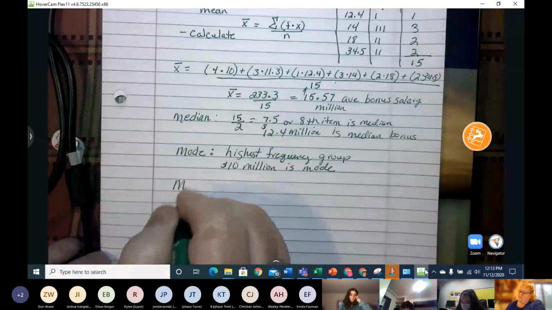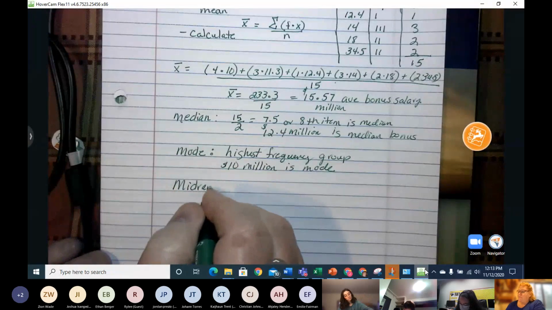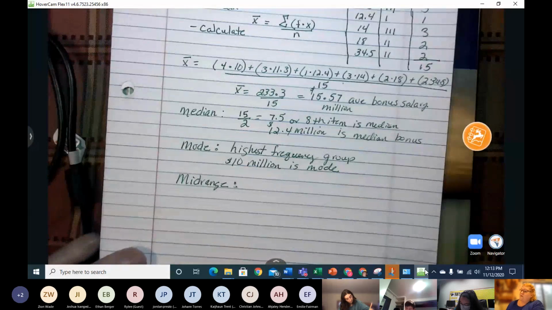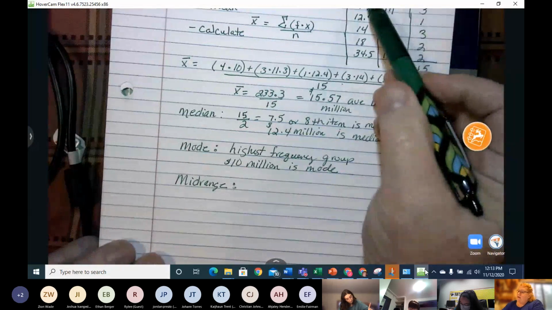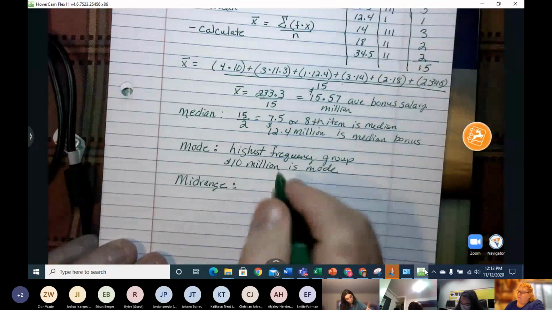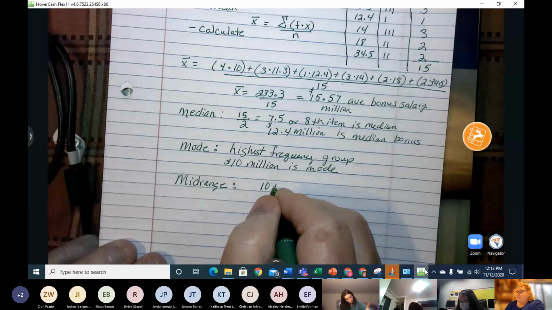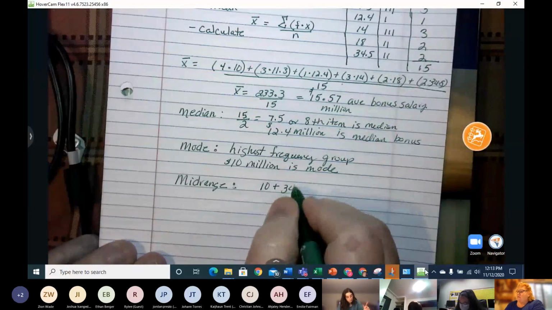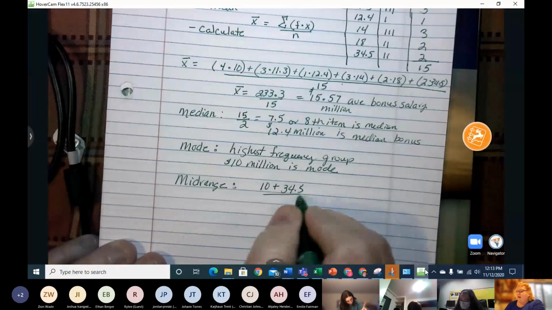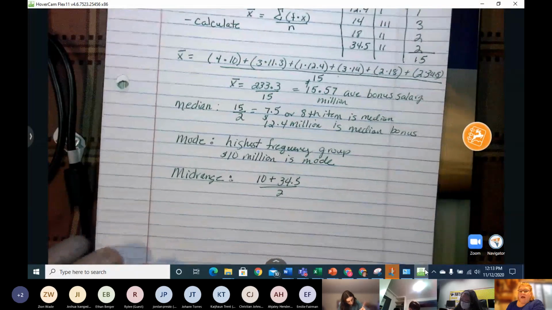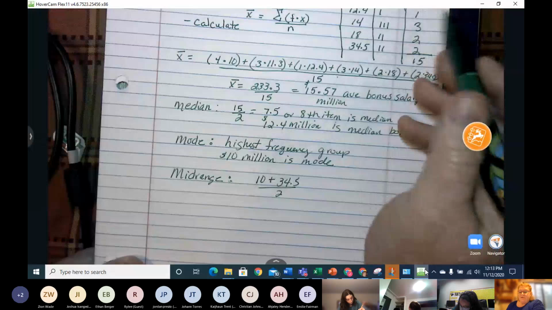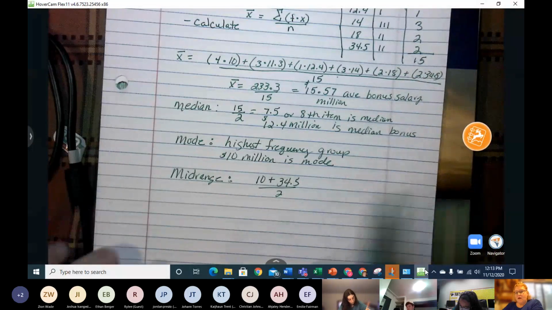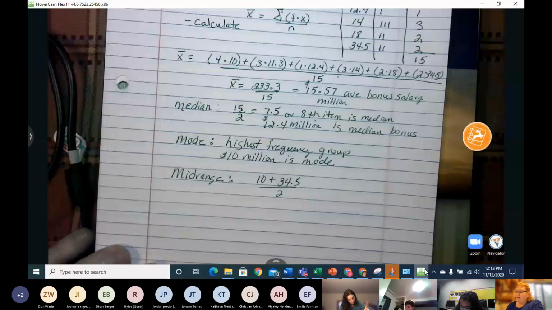And then for the mid-range, we would take the lowest salary amount, 10 million, plus the highest salary amount, 34.5, and divide it by 2. It doesn't matter that their frequencies have extra numbers. We only are looking at the data values.